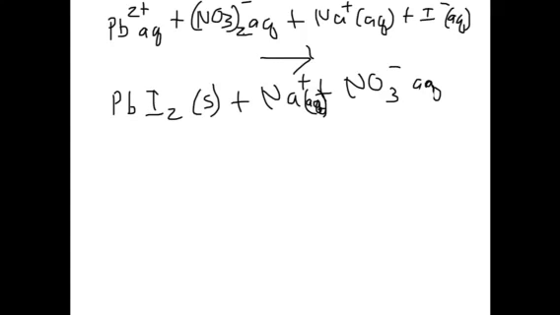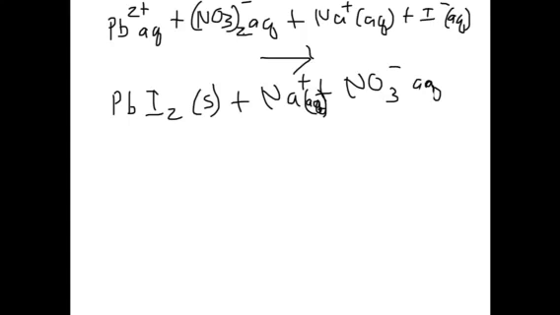So as you can see, here's my complete ionic equation: Pb2+ aqueous plus 2 NO3- aqueous, plus Na+ aqueous plus I- aqueous yields PbI2 solid plus Na+ aqueous and NO3- aqueous.